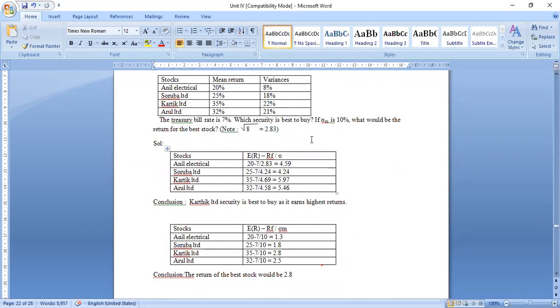Now in this case, we have made two columns for the calculations here. Mean return is all about expected return, and then we are given the treasury bills for the first part of the problem, wherein it is asking which security is best to buy.